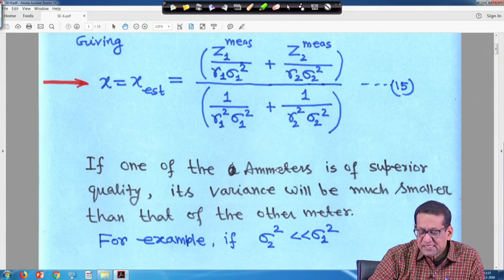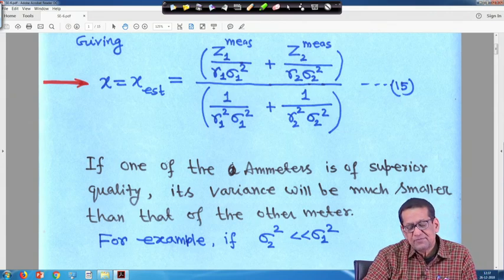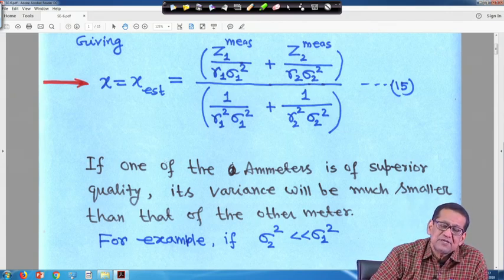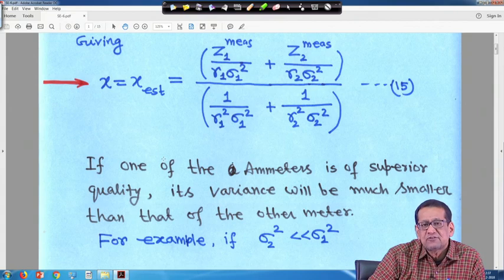If one of the ammeters is of superior quality, its variance will be much smaller than that of the other meter. For example, a superior instrument means its standard deviation sigma will be very low, that means the variance also will be low.